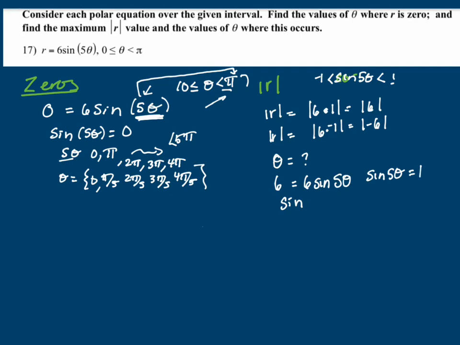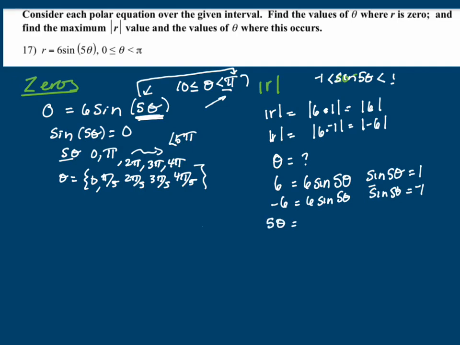Now that's when r is equal to 6. It also can be equal to negative 6, so sine 5 theta can be equal to negative 1. So when is sine equal to 1 or negative 1? That would be what 5 theta is.